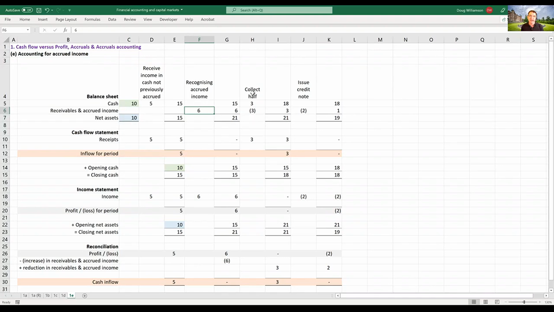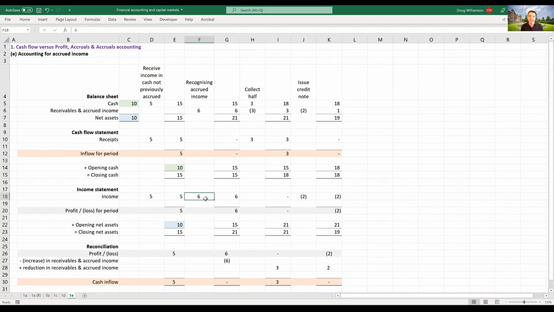Let's say we now collect half of this amount. We get a receipt for that half that we've collected. Our cash goes up. There's the receipt. There's the closing cash. The asset that represented the expected future receipt is reduced by that much. That's not income.